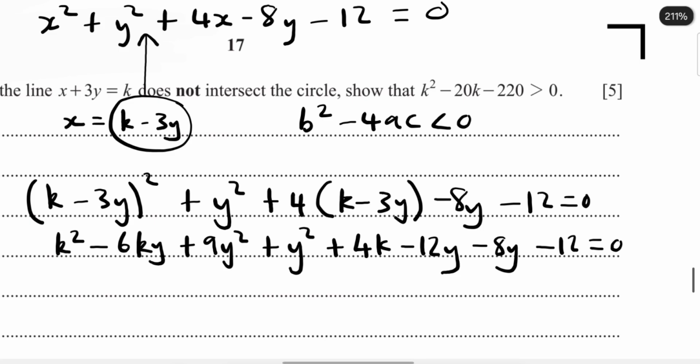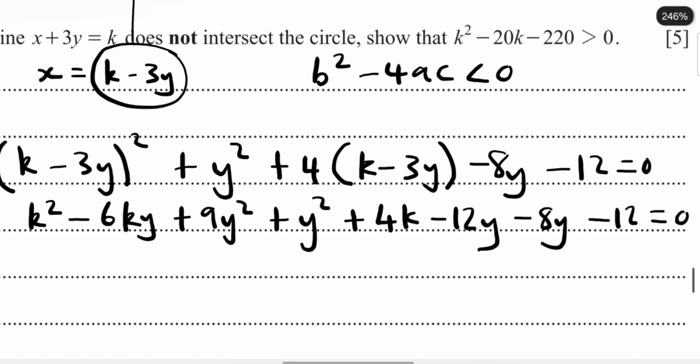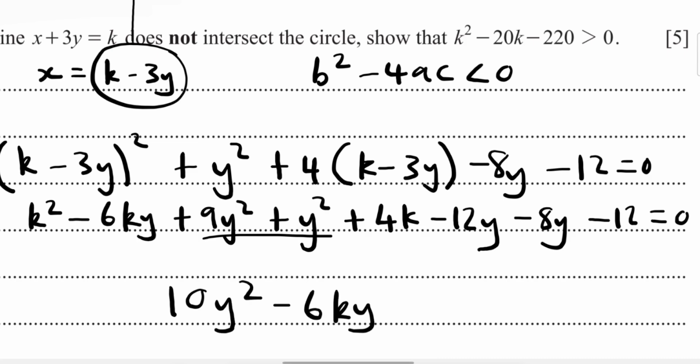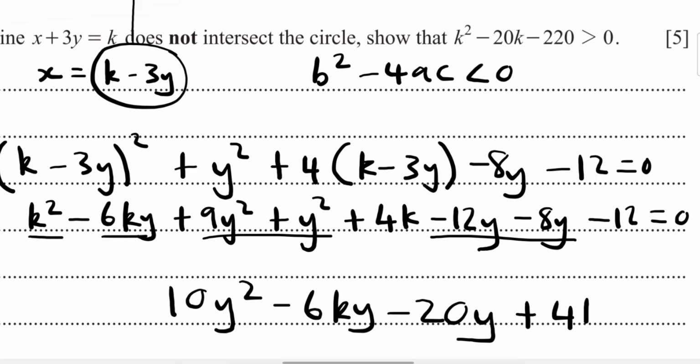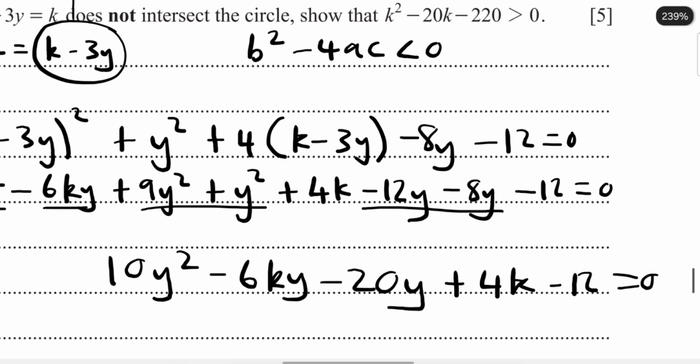Then we're going to collect like terms, so this will be 10y squared minus 6ky minus 20y, then plus 4k minus 12 is equal to 0.